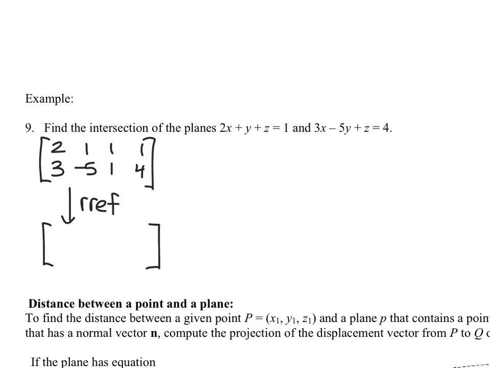So it's a 2 by 4: 2, 1, 1, 1, 3, negative 5, 1, and a 4. Now the intersection of planes, if they do intersect, should be a line. Lines are represented in 3 space in parametric form. So we're on the lookout for an x equals, y equals, and z equals.